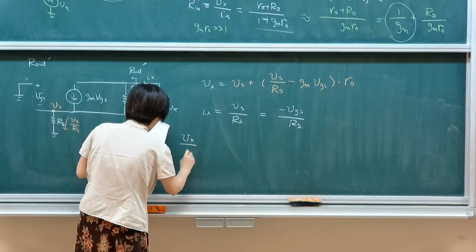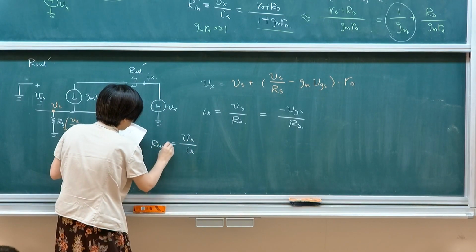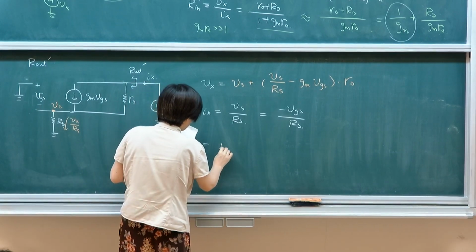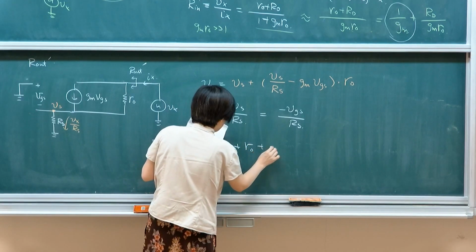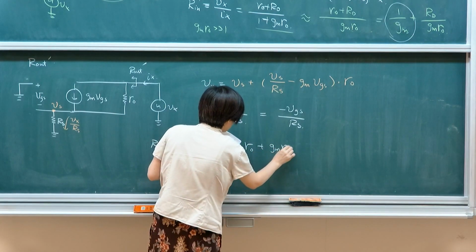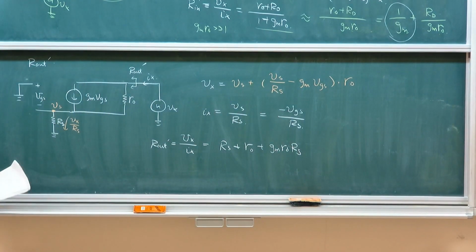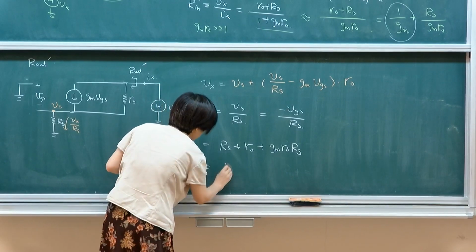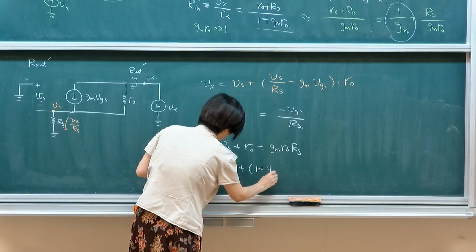Then I get Vx over Ix, this is R output, which will be approximately Rs plus RO plus gm RO Rs. You do the same arrangement and exercise, and then we get the result: RO times 1 plus gm Rs.